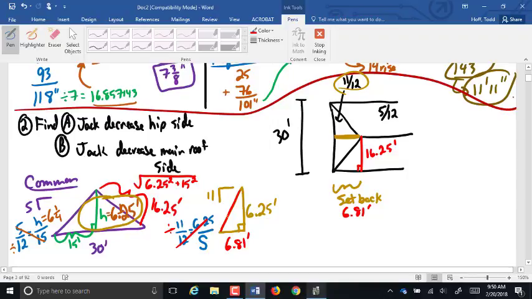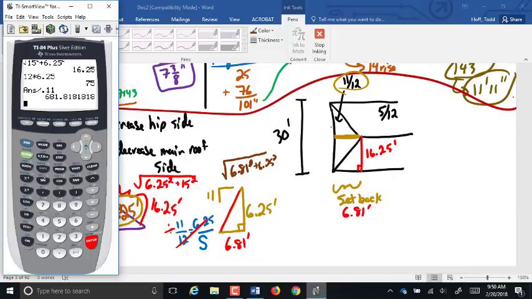How do we find that length? You got it. The square root of 6.81 squared plus 6.25 squared. We get 9.249.